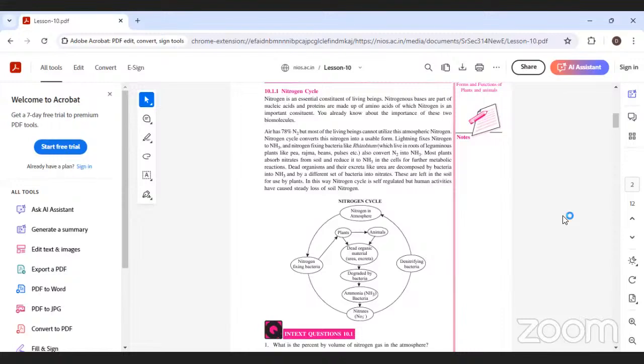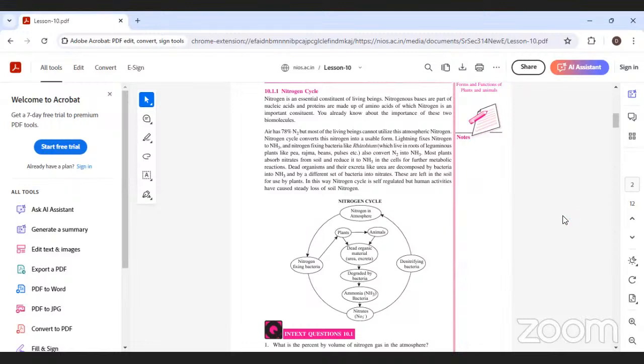On the other hand, facultative and anaerobic bacteria of the soil, denitrifying bacteria such as Pseudomonas, break down nitrates and some other compounds and liberate nitrogen.